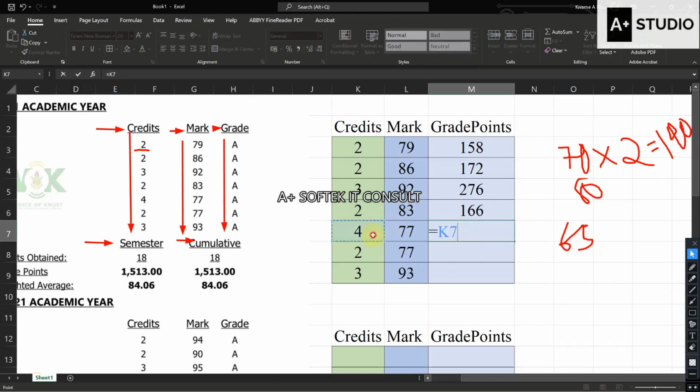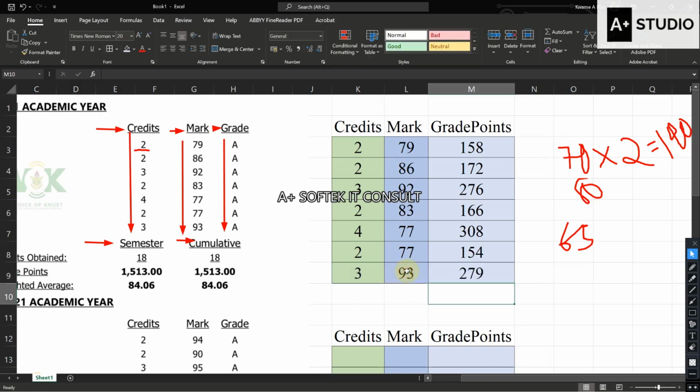If I multiply 4 by 77, what am I getting? I multiply 2 by 77, and if I multiply 3 by 93, I'm getting these as the grade point, or the weight of a particular course. So these are the weights of a single course.